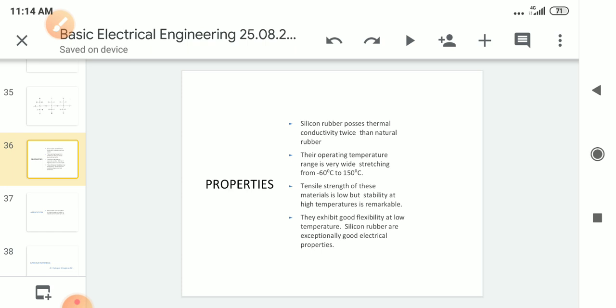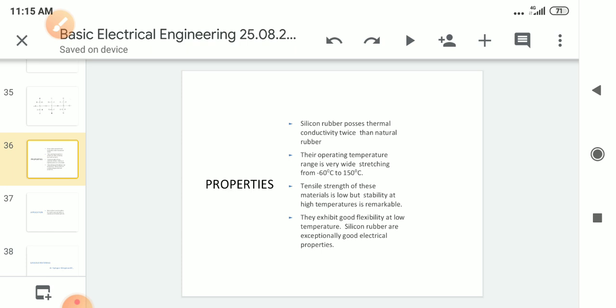These are the insulating materials coming under the solid type of insulating material family. After that, liquid insulating materials are also there, and gas insulating materials are also there.